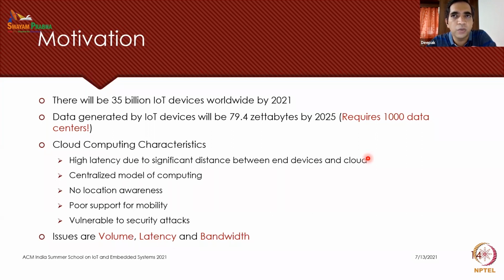But one thing that happens because of having these end nodes is that things are more distributed, so it's easier to handle the security issues that are there, rather than things being centralized at one location.